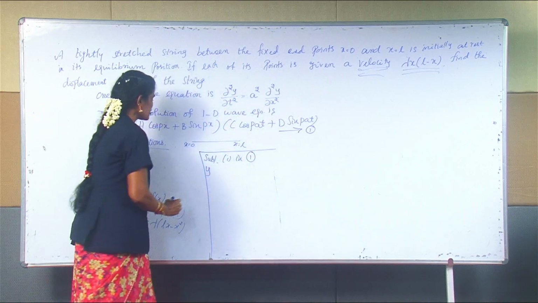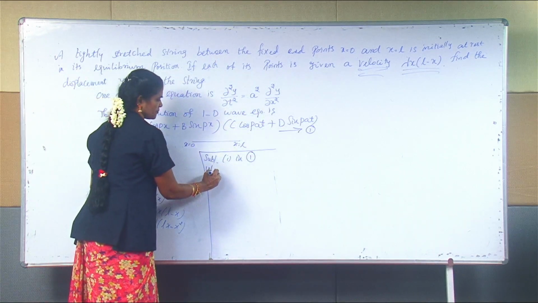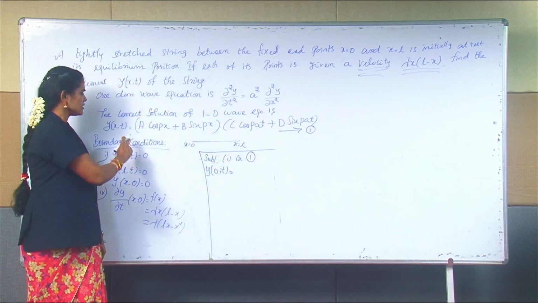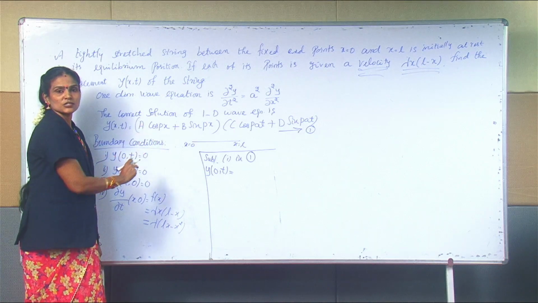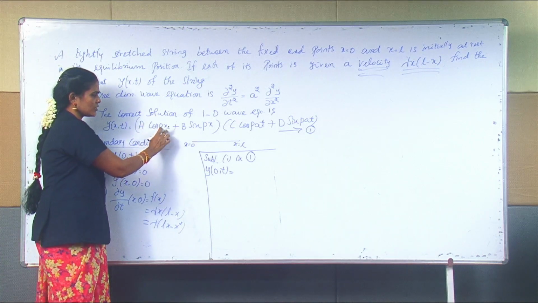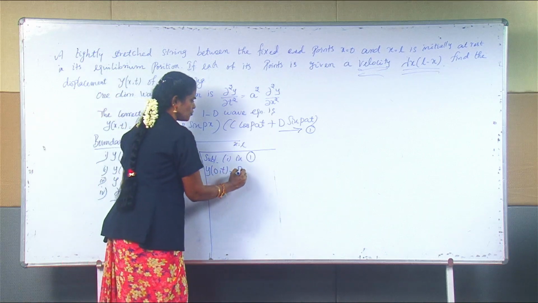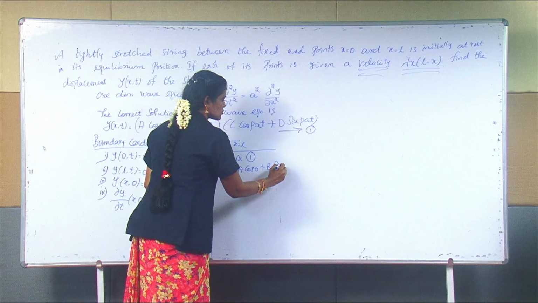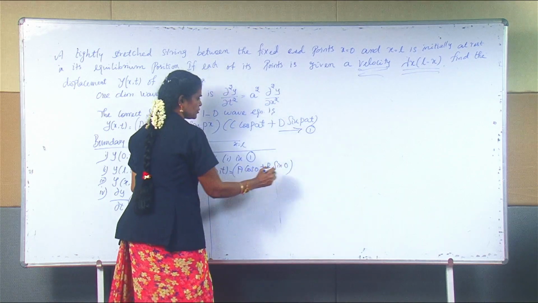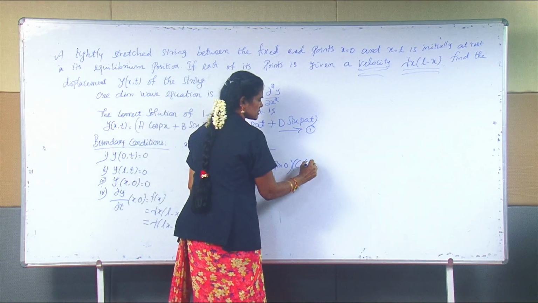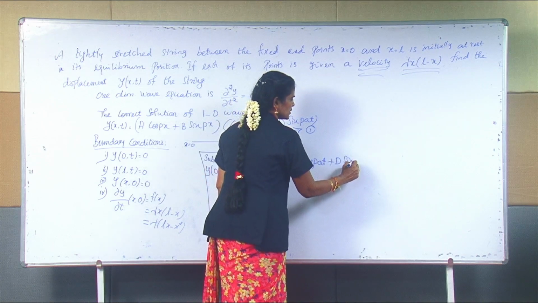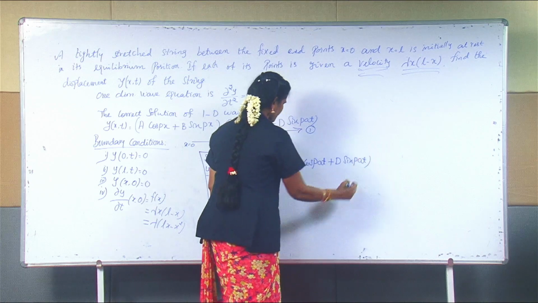Your first boundary condition is y of 0 comma t. Y of 0 comma t means in the place of x substitute 0. So, a into cos 0 plus b into sin 0, into the t term as it is, c cos pat plus d sin pat.